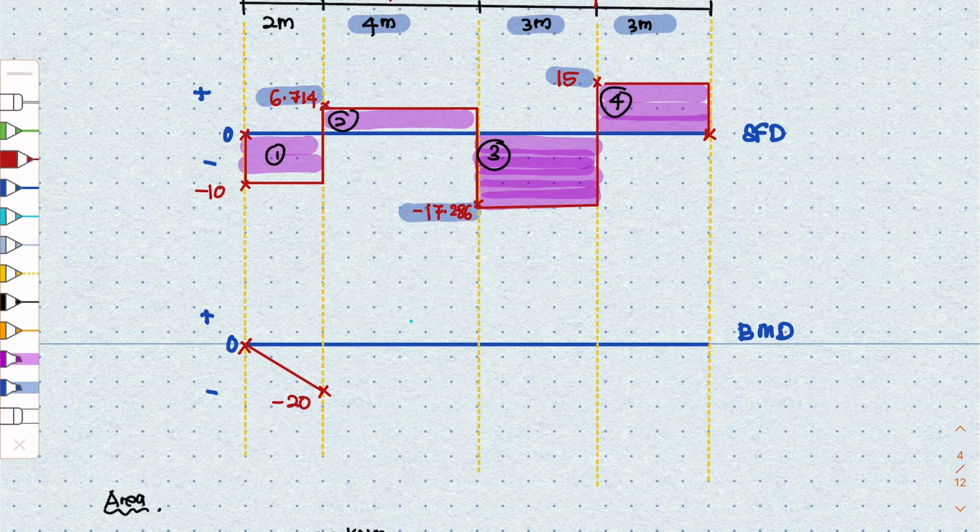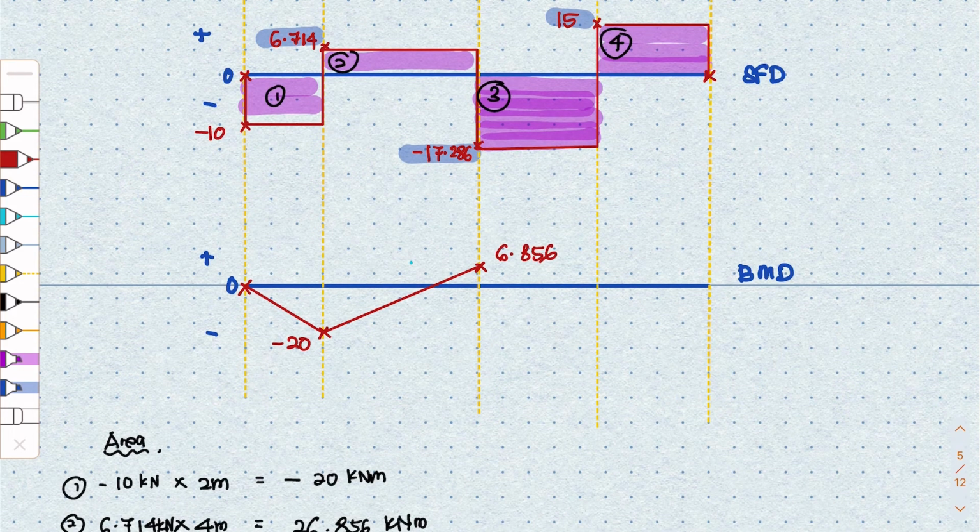Next, we have another, the second area, which is positive 26.856, which means that negative 20 tambah 26.856. Kita campur. So campur, dia akan jadi positif 6.856. Slanted like this. And after that, we're going to see after the area 3.